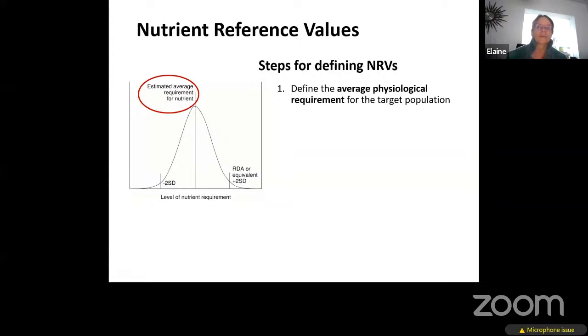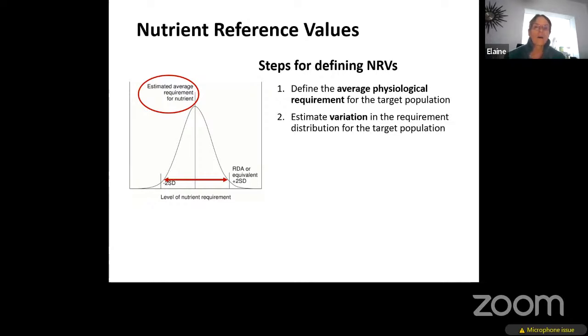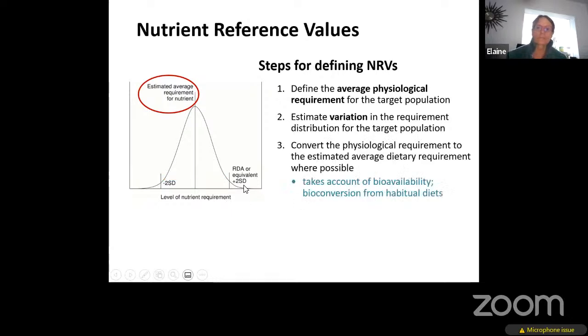And that's based on different experimental studies that are done, etc., to define that average requirement for the population. Then the second step is to estimate the variation in the requirement distribution for the target population. How much can we vary? What would be the lower level for individuals and what would be the higher level for individuals?